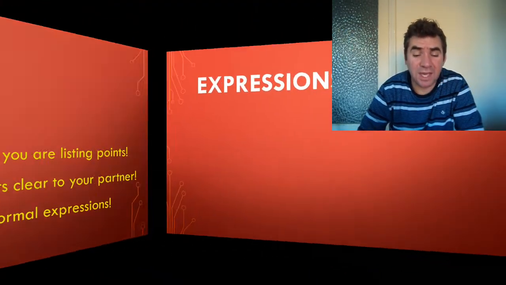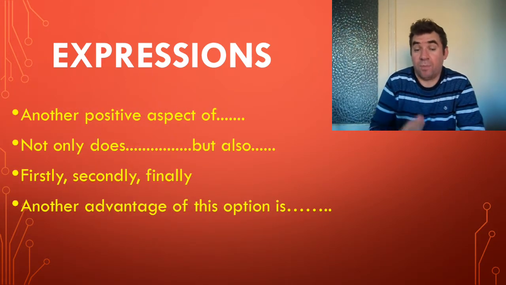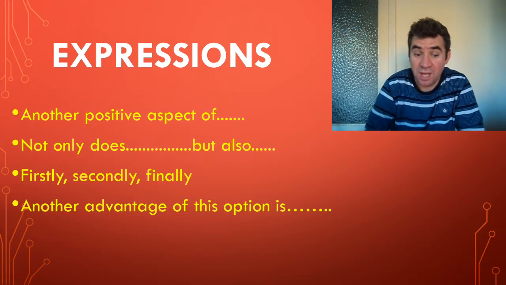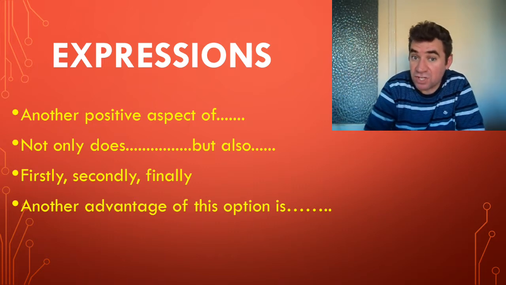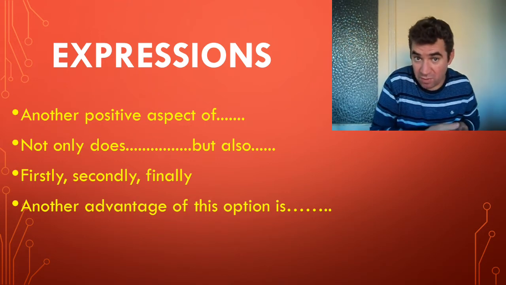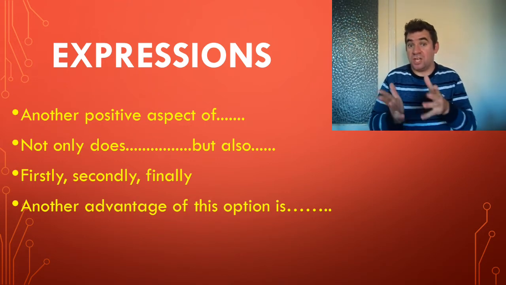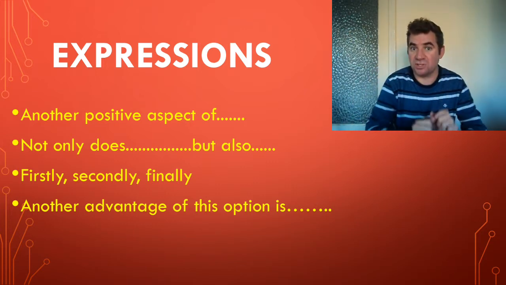So here we are. When you're summarizing your points, you could say, another positive aspect of my option is the fact that, okay, a lovely inversion here. Not only does this candidate have a lot of experience, but also she participates in charity events. You know, a way of putting 2 points together.